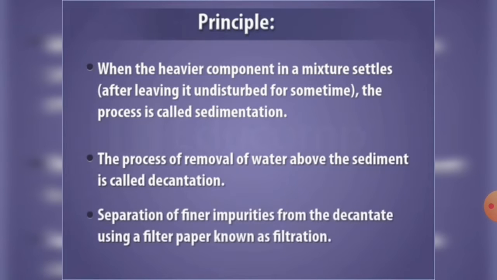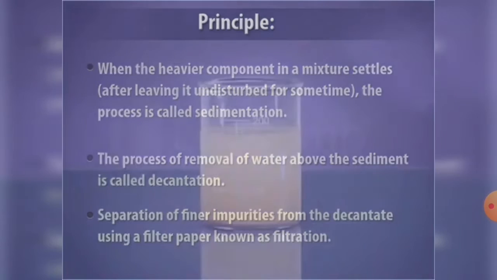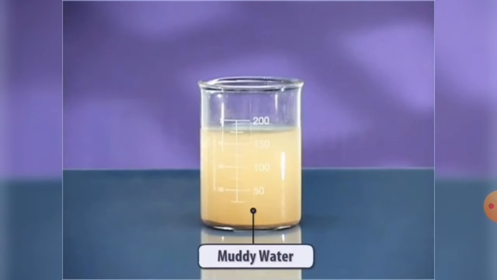After decantation, some very fine impurities are still present in the decanted water. Then with the help of filter paper or any other filter media, when we pass this decanted water through it, we can separate out these insoluble finer impurities. This process is called filtration.